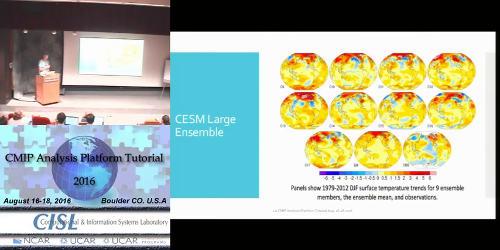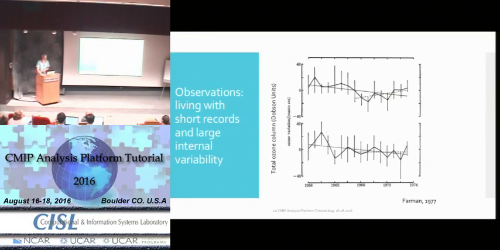You have to understand the noise to really understand the statistical significance. And this is totally off topic, but to me a perfect example of this in the real world, people doing this analysis. There is this paper by Joe Farman, 1977, observing trends in total ozone column over Antarctica.